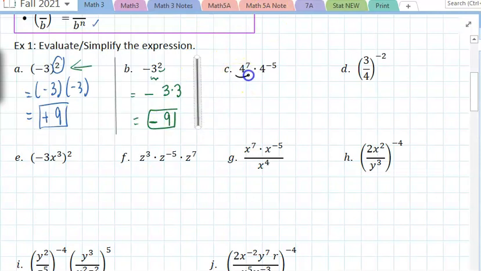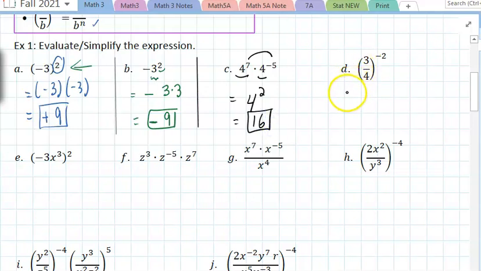And if I multiply two terms with the same base, I write a single base and I add the powers. 7 plus a negative 5 is a 2, and 4 squared is 16.